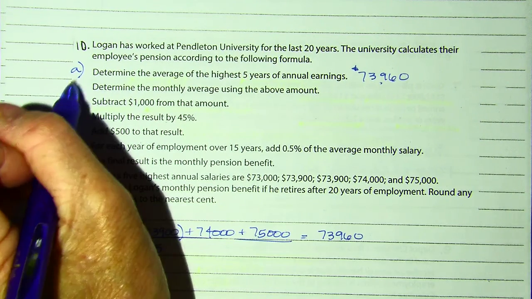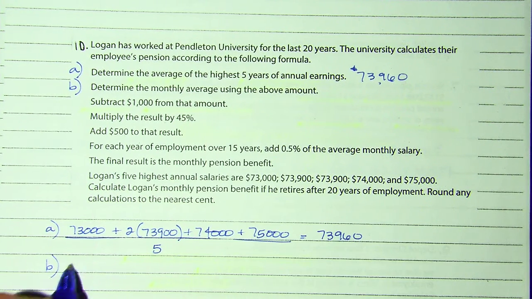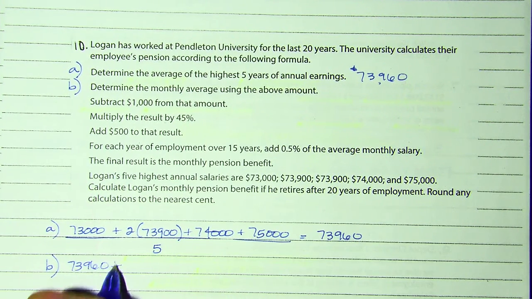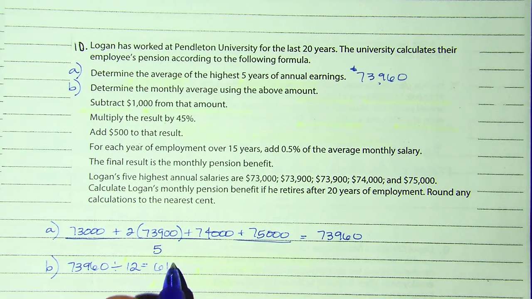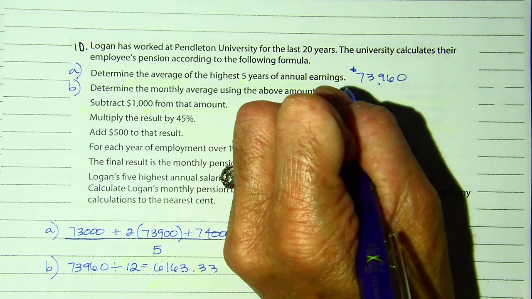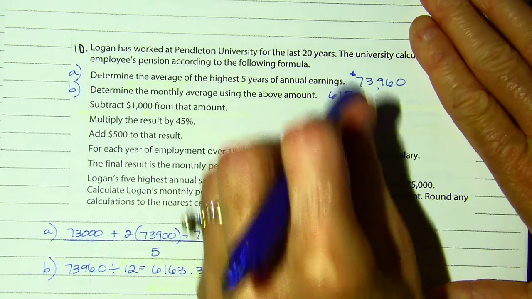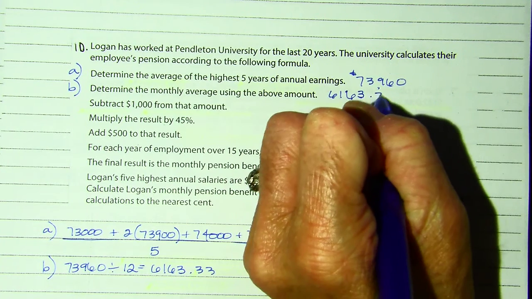Part B, determine the monthly. So I would have to take $73,960 and divide by 12, which gives me $6,163.33. So this gives me $6,163.33.